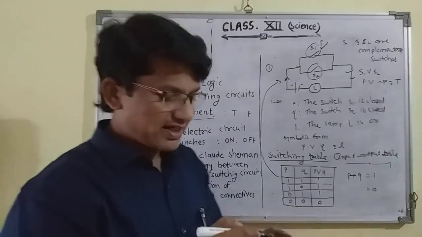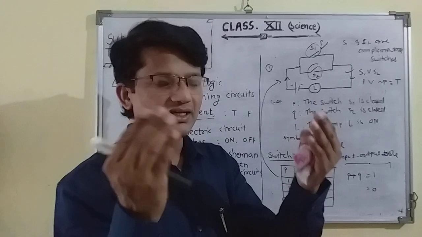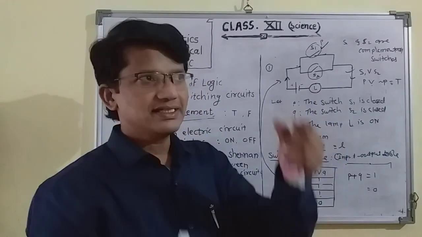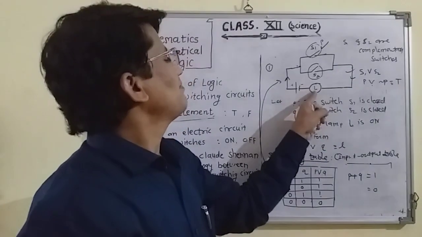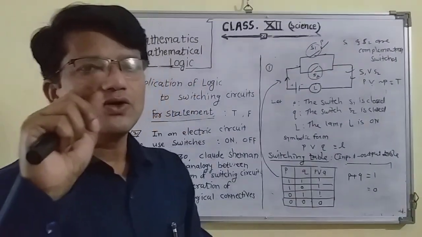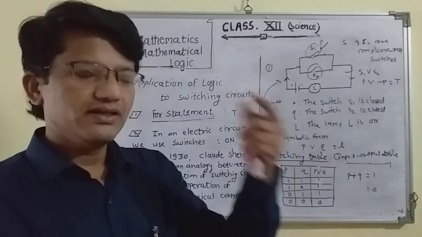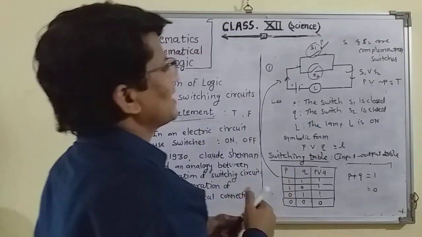What is the complementary switches? S1 and S2, the two switches are given. Same lamp is operated by two switches. If S1 is closed, the other is open. This type of situation, okay. And now we can arrange like this.